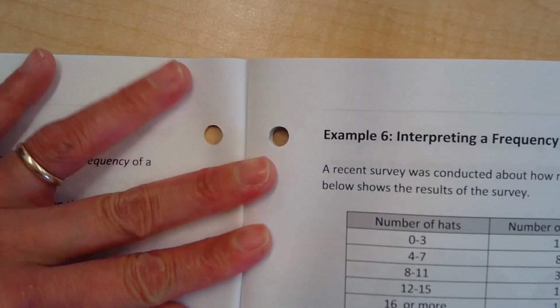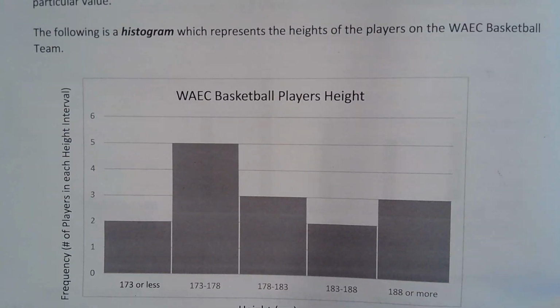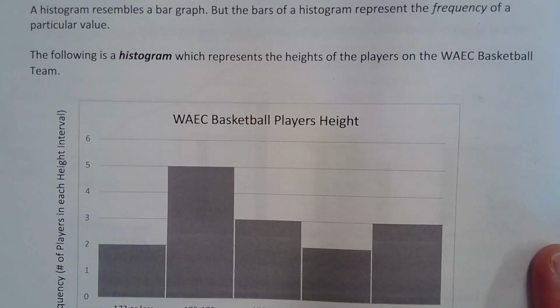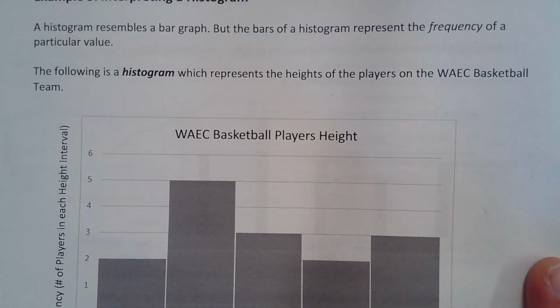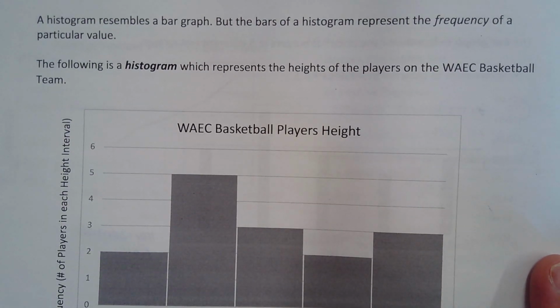The next one is called histogram. Now, what is a histogram? Because earlier we looked at bar graph. This one is a histogram. They look like bar graph to me as well, but okay.